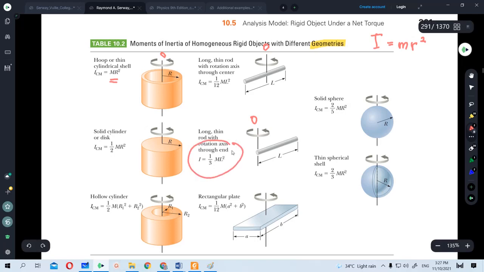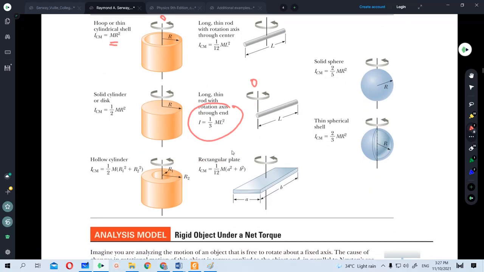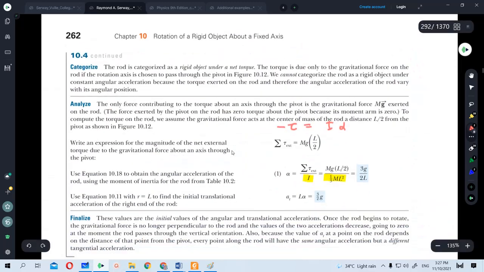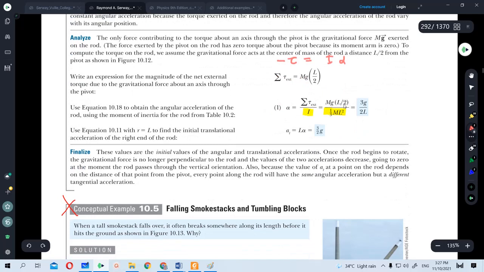And hence the calculation of our moment of inertia would be 1/3 mass times its length squared. And 1/3, look here at how they choose. This question chooses the expression, and then the rest is just calculation.